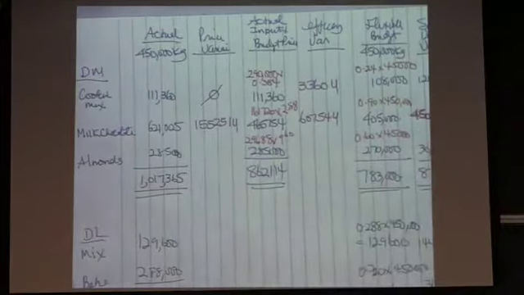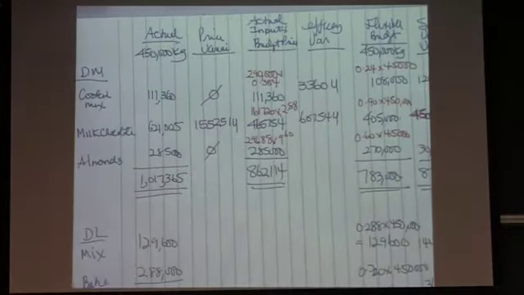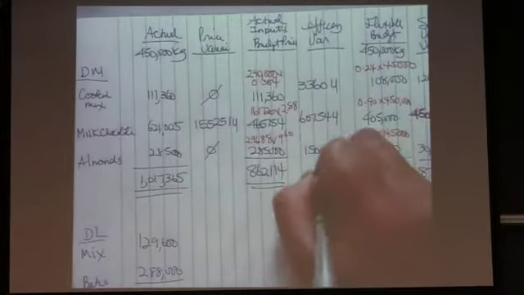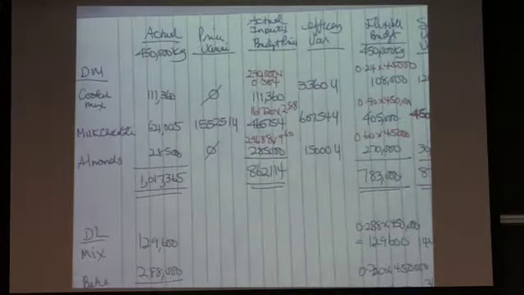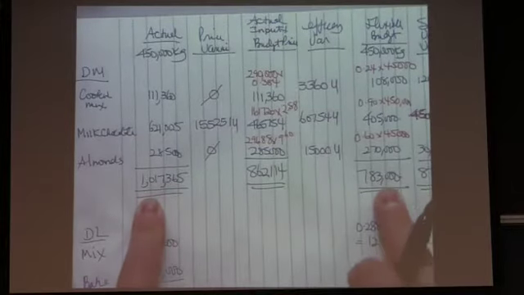And there could be some sort of waste issue as well. With almonds, there is no price variance, so clearly we've secured a long-term contract with them. And it's a 15,000 unfavorable variance. So now we can take a look at why we overspent, why we spent $1,017,000 versus $783.